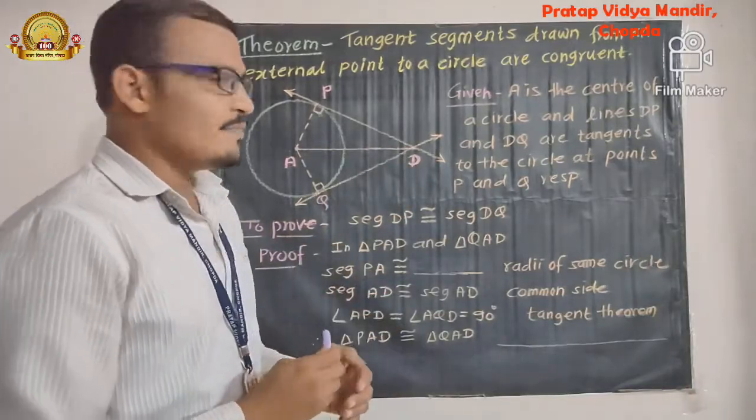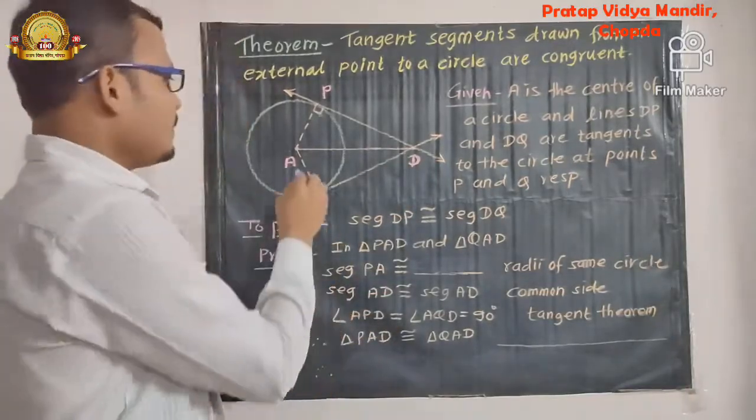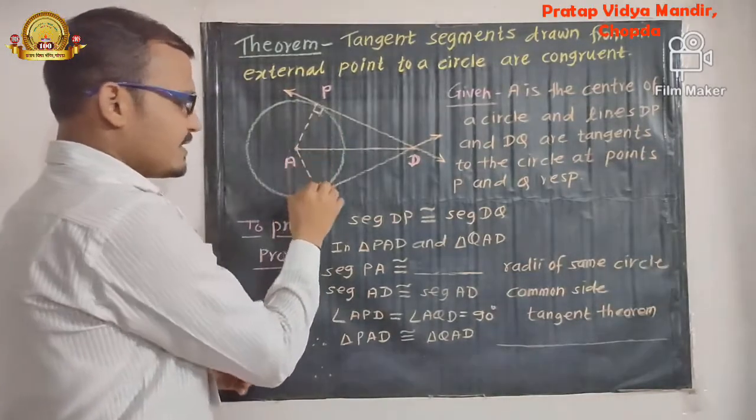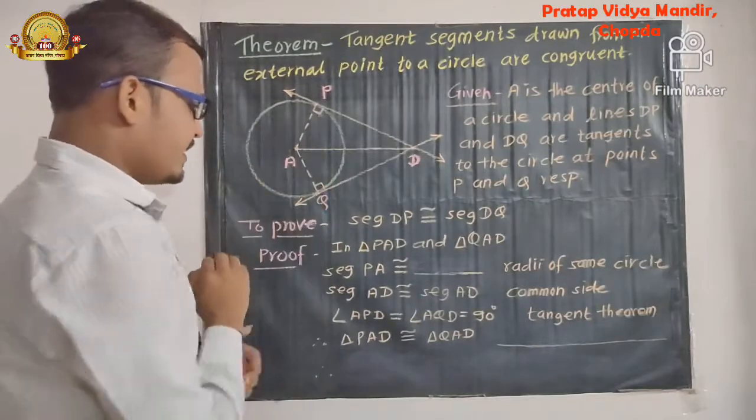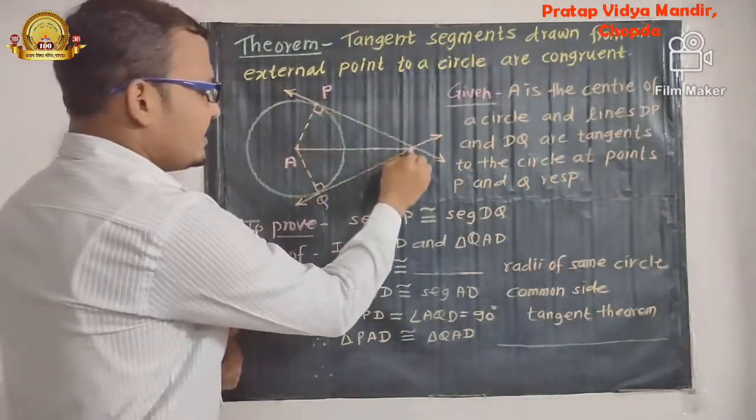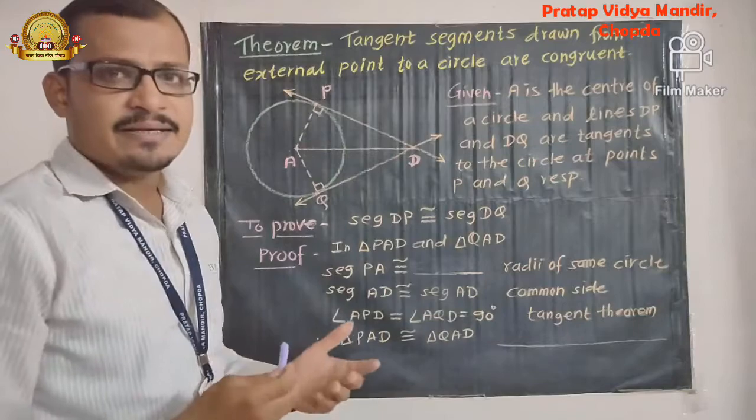To prove this theorem, first we have to draw segment AP and segment AQ, so that we get two triangles, triangle PAD and triangle QAD.